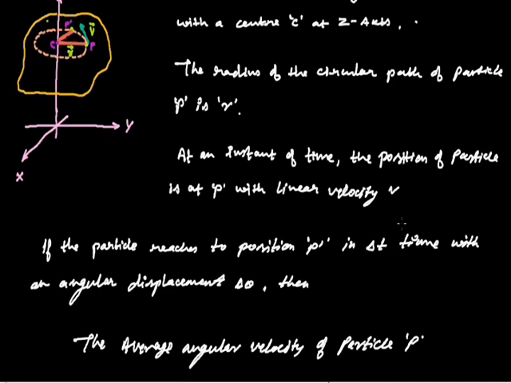But since the position of different particles in the body is different from the rotational axis, their linear velocities will be different, but the angular velocity will be the same because all the particles will be displaced angularly by the same angle in the same time period, because the body is moving with an angular velocity. So we can consider here a relation between linear velocity of a particle and its angular velocity for each particle.